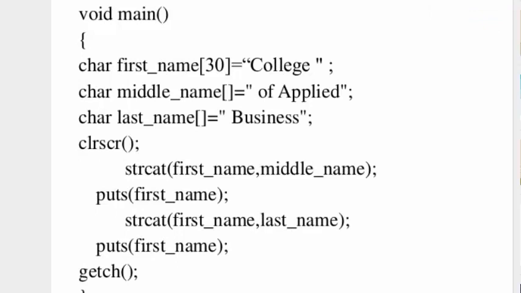Likewise, if I want to concatenate two strings, suppose we are having three strings here. One is the first name, college, the middle name, applied, and the last name, business. So these are our three strings, and I firstly want to concatenate or join the first name, that is college, and the middle name, that is applied.